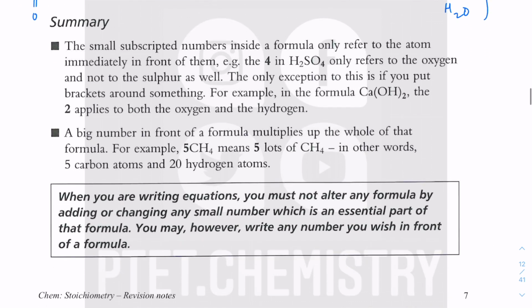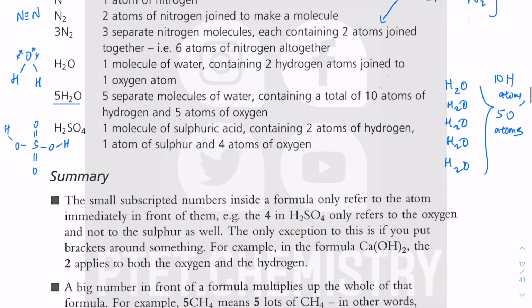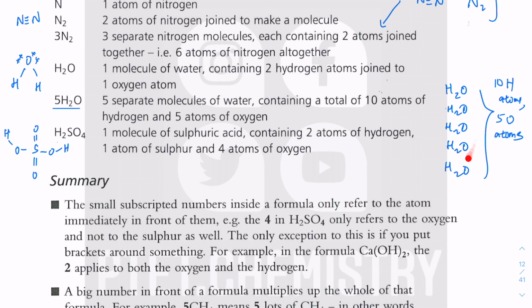The number at the bottom refers to the element before it, and make sure you count it. The number in front refers to the whole thing, how many multiples of it, such as for the 5 water just now, it means there are 5 of them. So you have 10 hydrogen, 5 times 2, and 1 times 5, which is 5 oxygen.